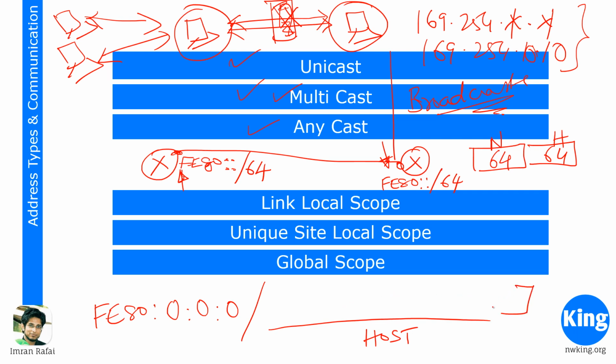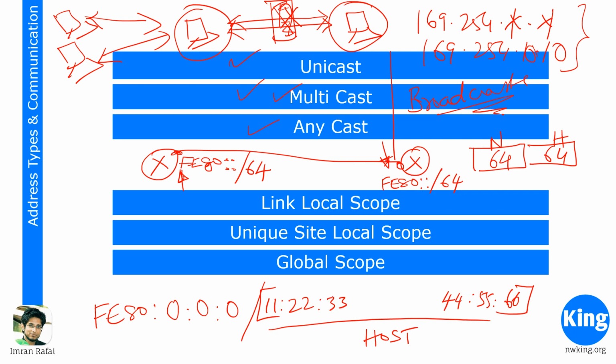Now how do they configure this part? That is using the MAC address. The MAC address, as we know, is a 48-bit number. That is 1, 2, 3, 4, 5, 6, so you have six blocks of hexadecimal numbers, two hexadecimal digits, colon, two hexadecimal digits, colon, and so on.